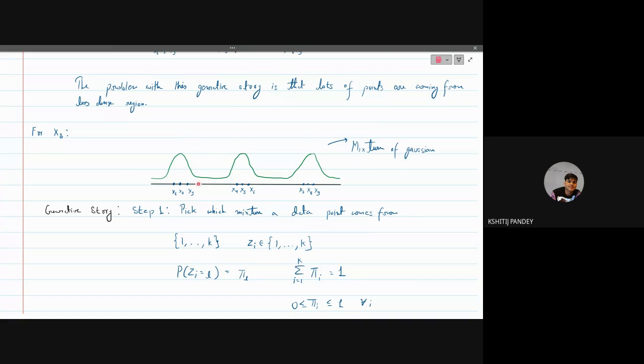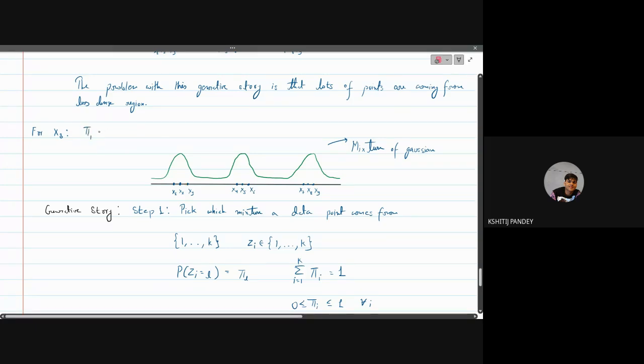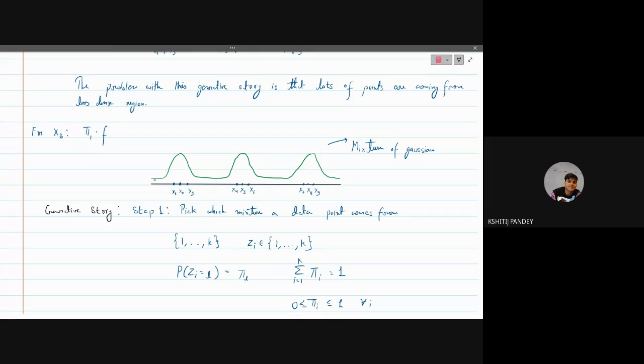the overall probability of x3 being generated will be equal to pi 1 into, when it is coming from the first normal distribution, let me write f1 of x3.